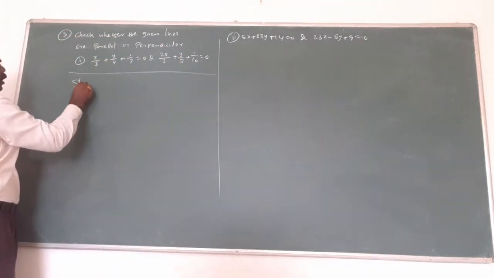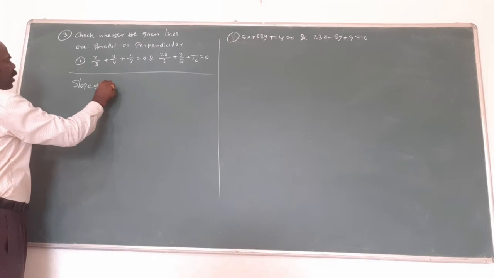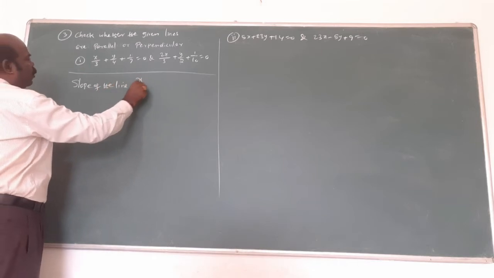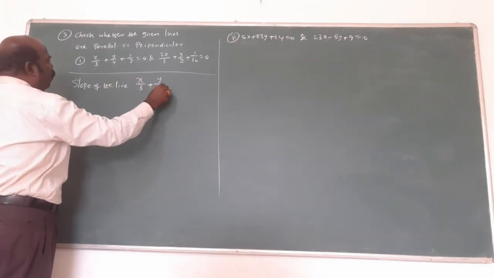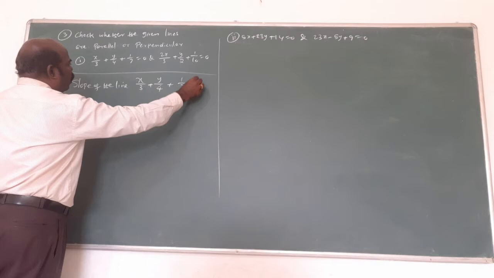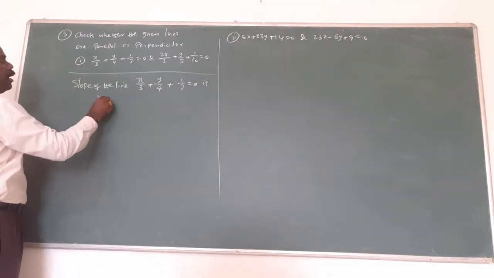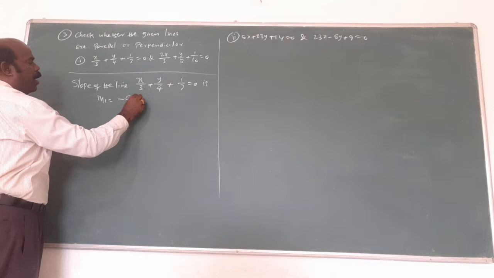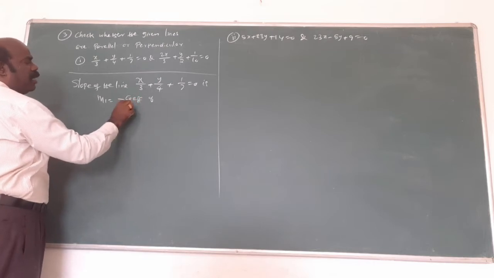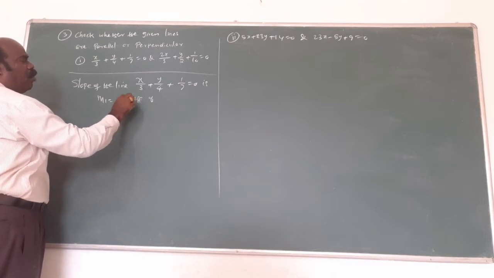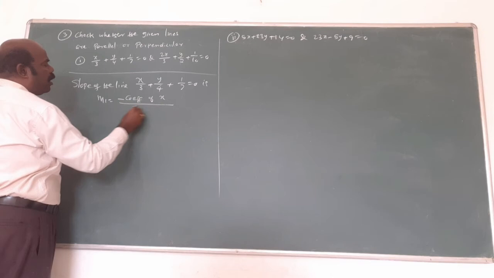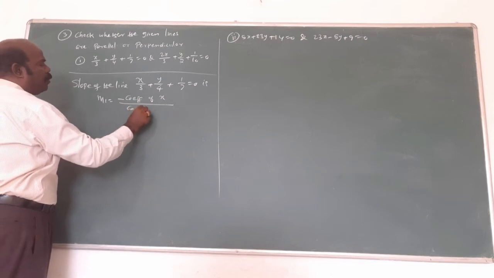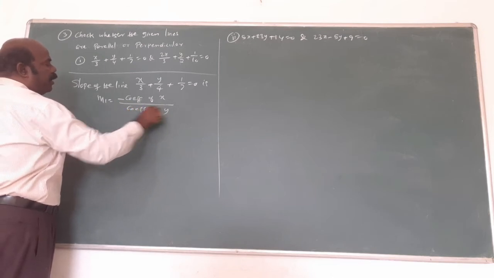First I am finding the slope of the first line, x by 3 plus y by 4 plus 1 by 7 equal to 0, which is going to be m1. The formula is minus the coefficient of x divided by the coefficient of y.